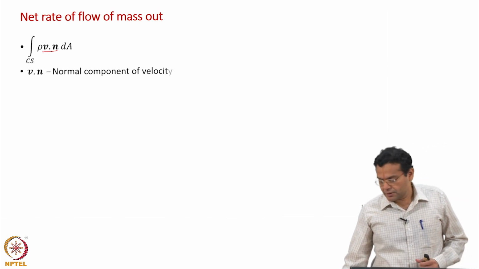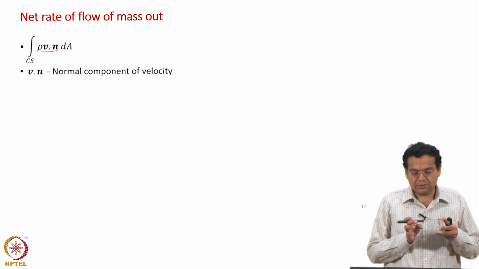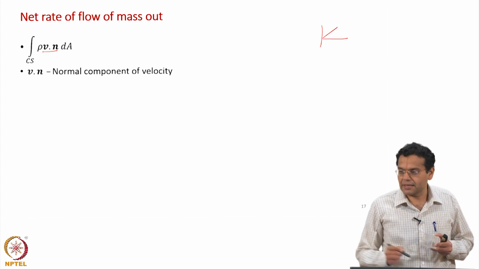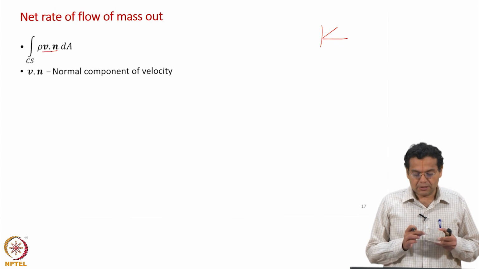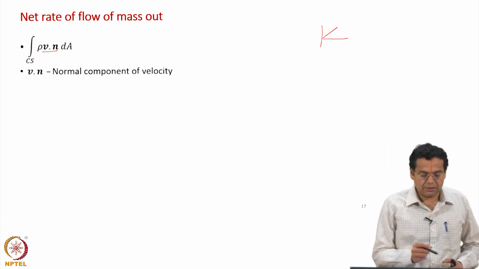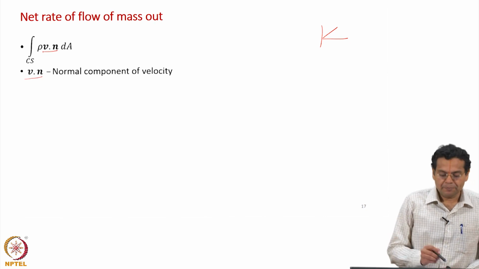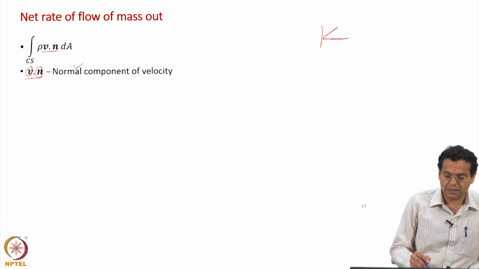We have a face, and the normal to the face is along one direction and the velocity is in some other direction. Okay. And V dot n represents the component of velocity along the normal. We know that the dot product represents the projection. So, V dot n represents the normal component of velocity. So, I call it the normal component of velocity.